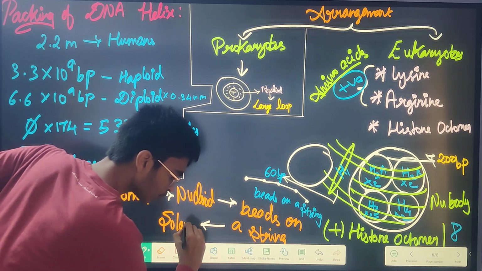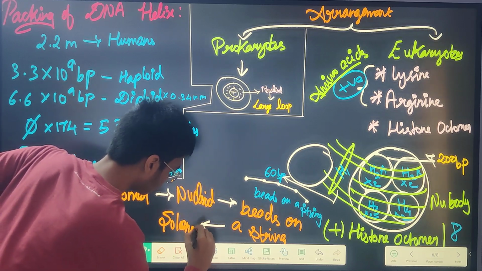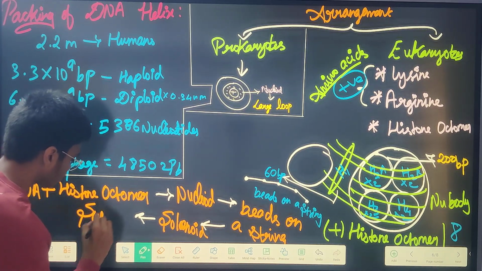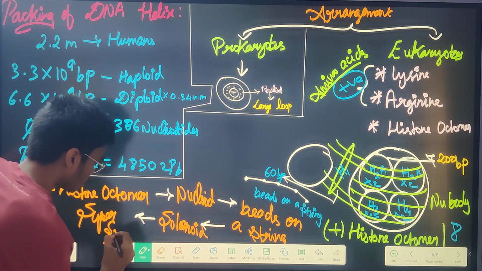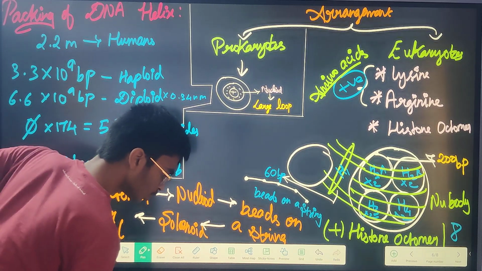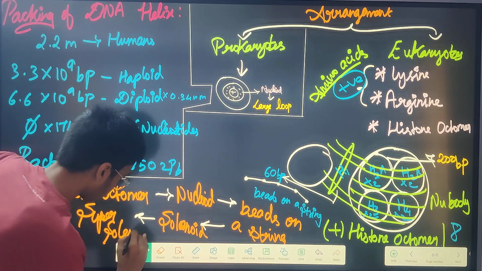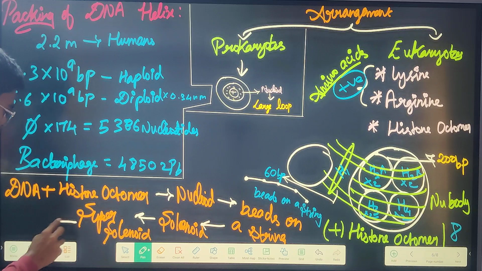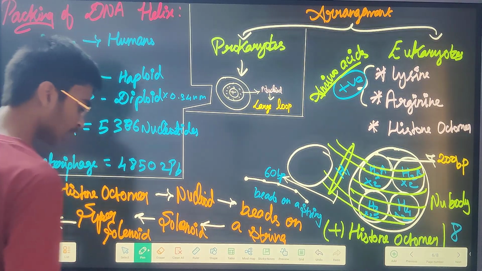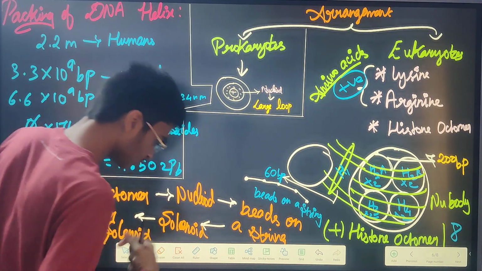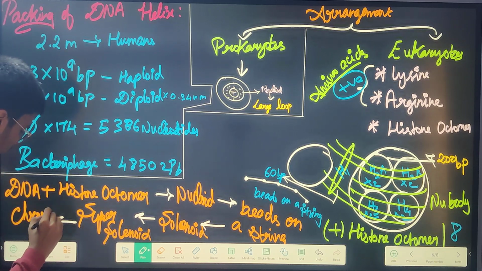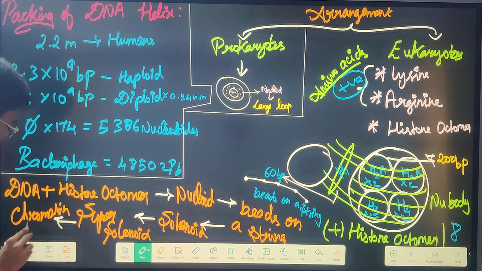Solenoid. What is the spelling? I'm very weak in spelling. Then this will form the super solenoid. Then later this will form chromatin, then chromatid, then chromosomes.